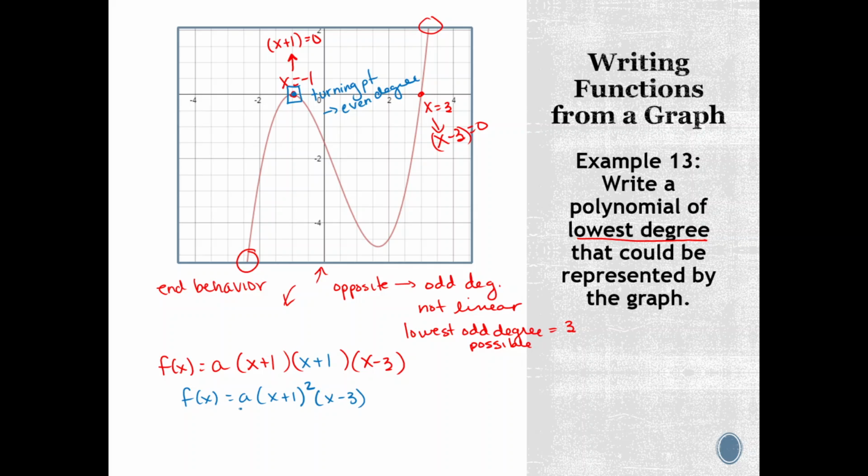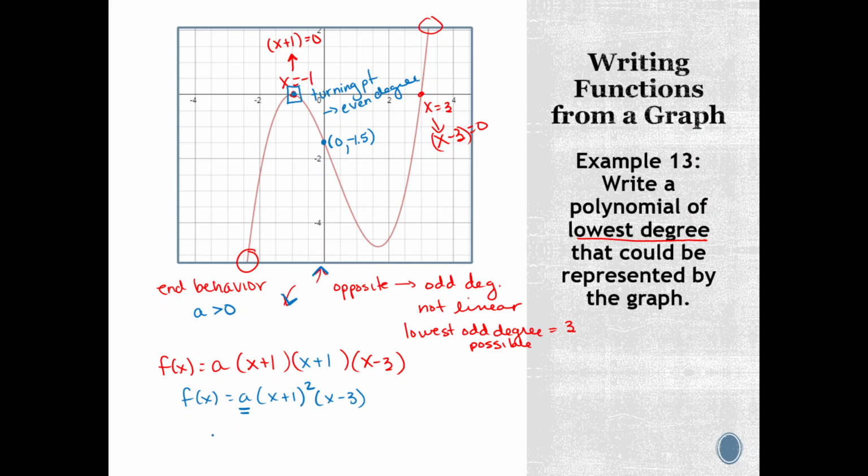So my last piece of the puzzle is to figure out what the leading coefficient is. Well, I do know that the leading coefficient has to be positive because of the direction of the graph. But if I can find another exact point, okay, so like this value right here looks like it's at 0, negative 1.5.